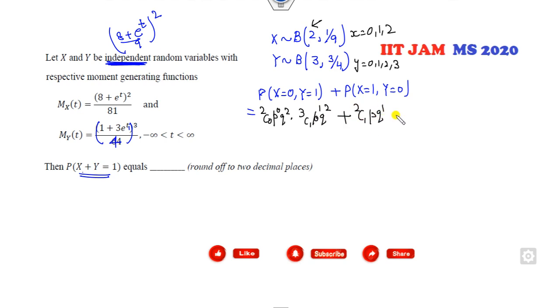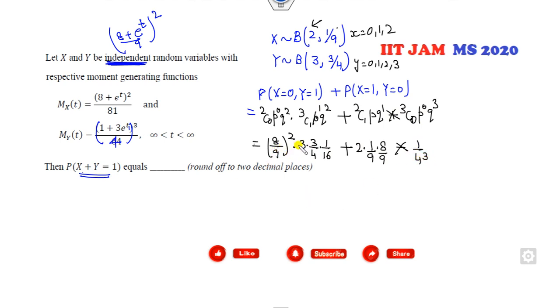2C1 p q, 3C0 p raised to power 0 q cube. So it's a q square. For this case, it's (8/9) square. 3C1 is 3, p is my 3 by 4, q square is 1 over 16. 2C1 is 2, 1 over 9, 8 over 9, into 3C0 is 1, q cube is 1 over 4 cube.